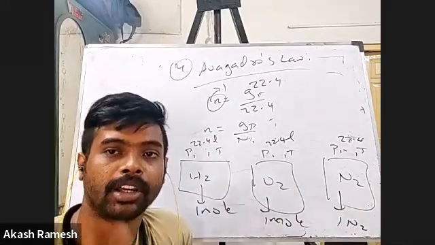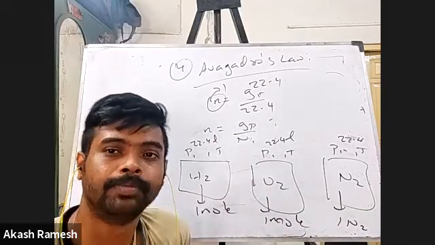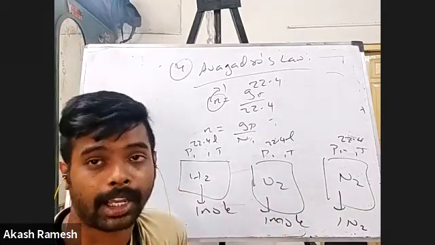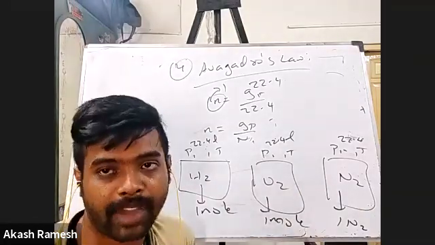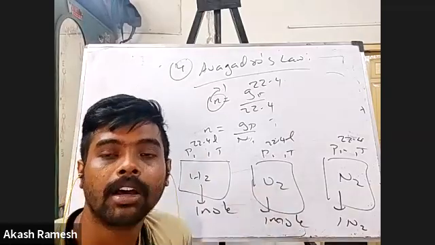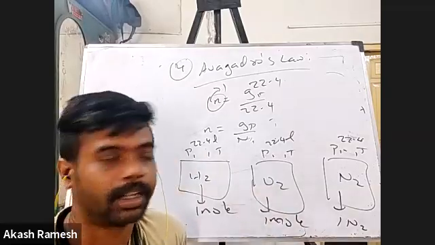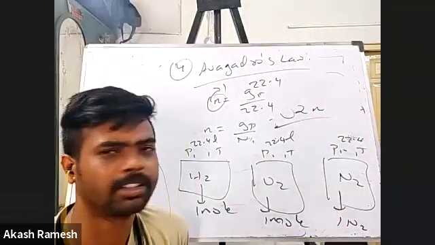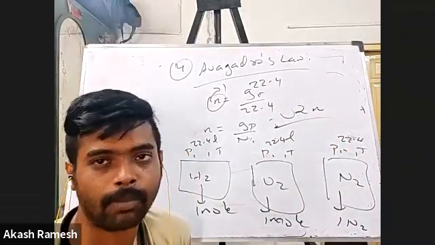And obviously, it is the other way around too. If I include more and more gas, if I increase the number of moles of the gas, then obviously the volume will increase, right? So volume and number of moles are directly related, but we will not see the mathematical form of it because it is not important.